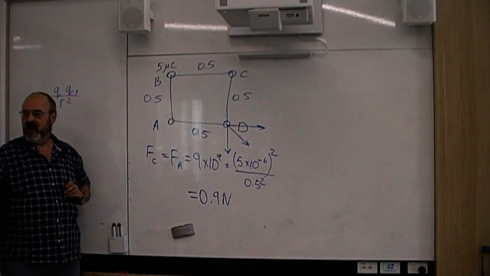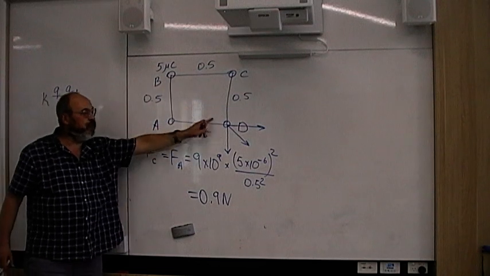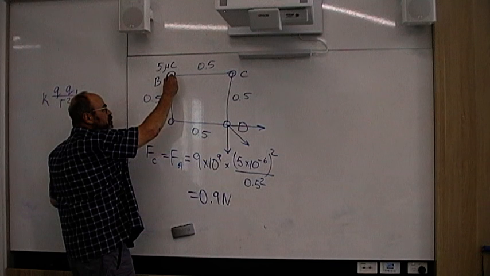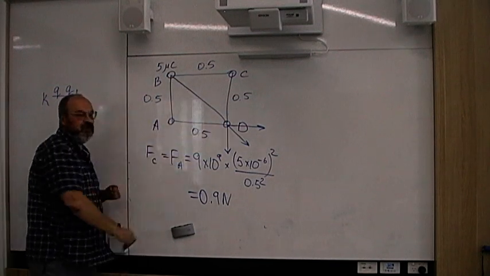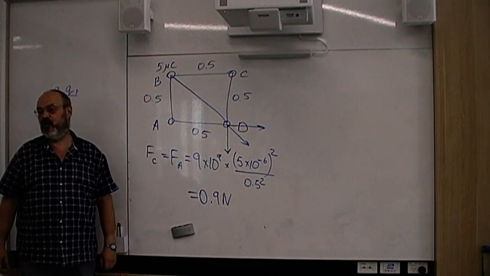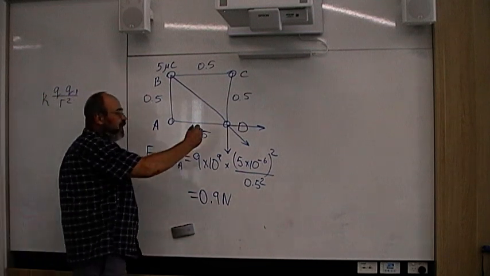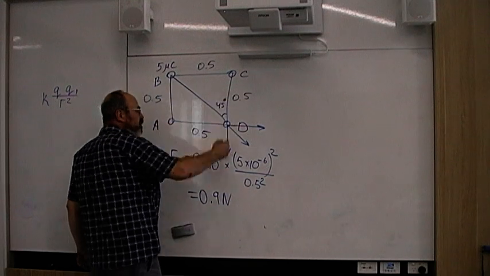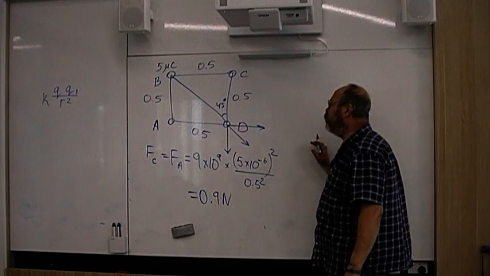Now, to find the force that B exerts on D, we need to find this distance. How can you find this distance? Pythagoras or trigonometry, because all sides are the same. This angle is 45 degrees, and we need to find the hypotenuse when the side is 0.5.